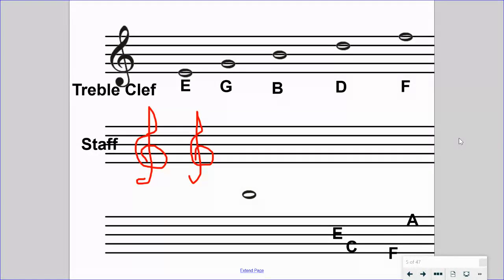Now, the space notes are always in the space. So if they're in the space, it would be like if you had an apple and you put a piece of celery above and below the apple, okay? In the space means it fits in the space. Yes, sir.